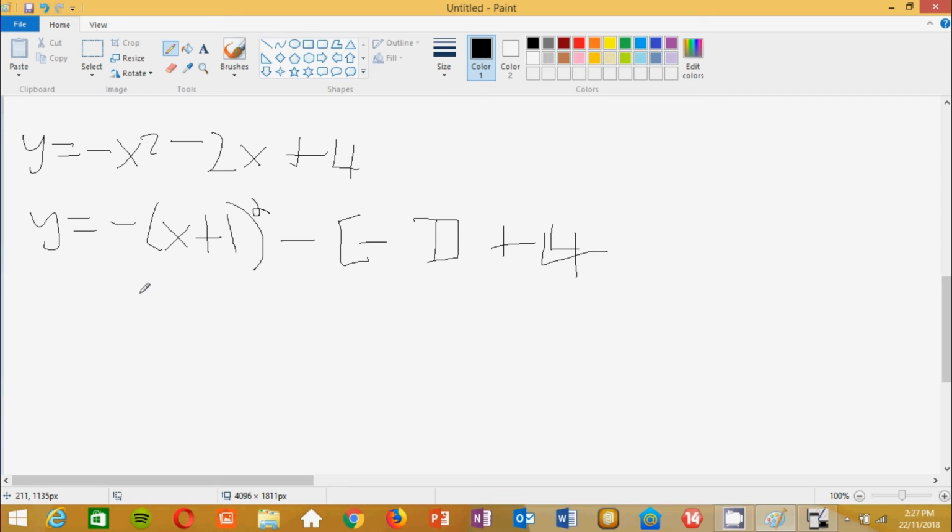Therefore, completing the square is going to be negative (x plus 1) squared plus 5, because negative 1 multiplied by negative 1 is positive 1, plus 4 gives us positive 5. So this is how we complete the square for this.